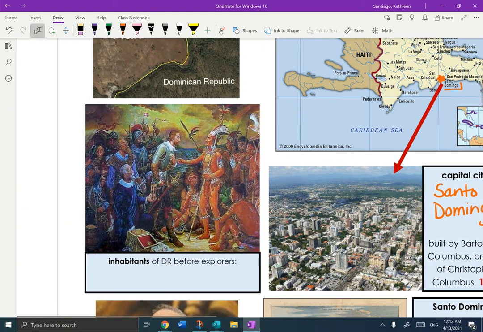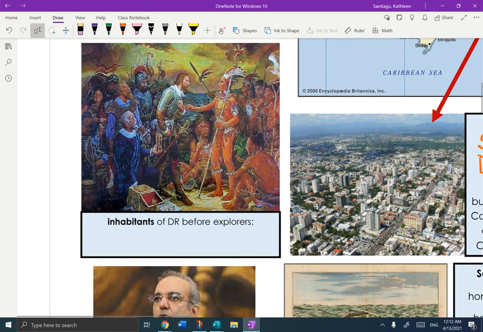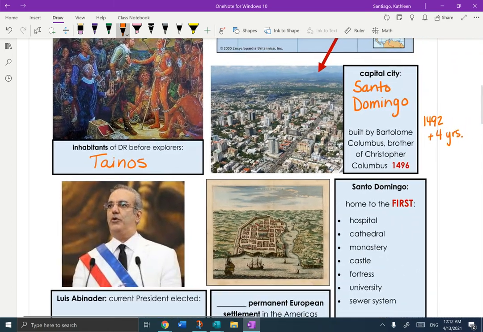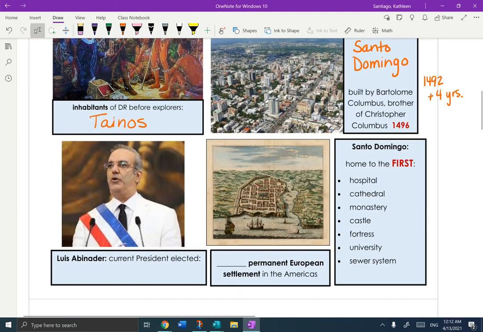When they arrived, there were inhabitants that were already on the island before the explorers, and those are the same as in Puerto Rico. It is the Taínos. Okay, that's like Mayans, Aztec, Incans. These are the Taínos. So Santo Domingo is super important in the history of the world.